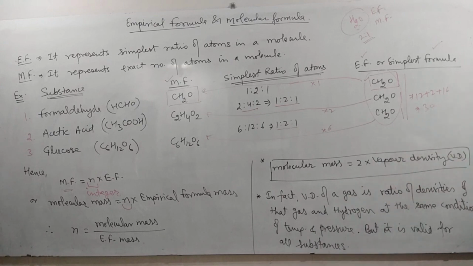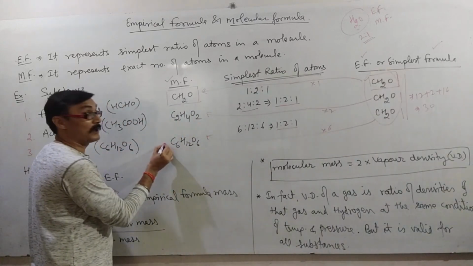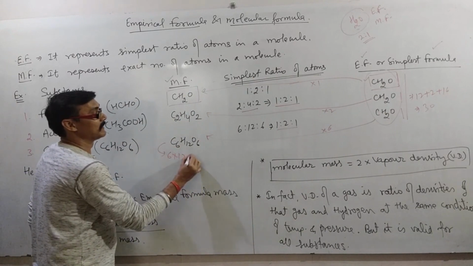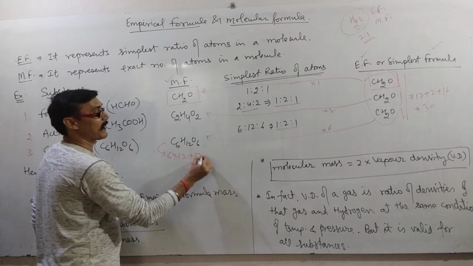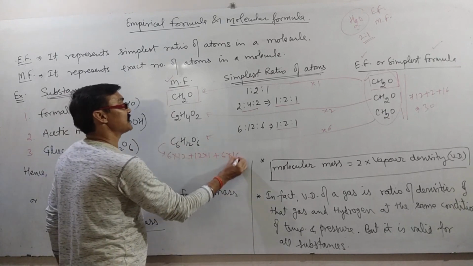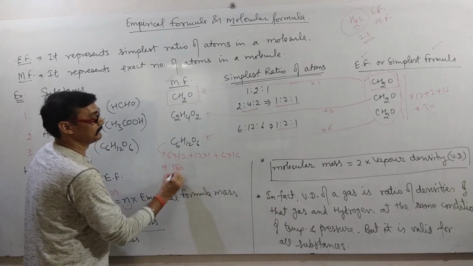30. And here the molecular mass of glucose is 6 into 12 plus 12 for hydrogen, 1 for each, plus 6 into 16, it is 180.